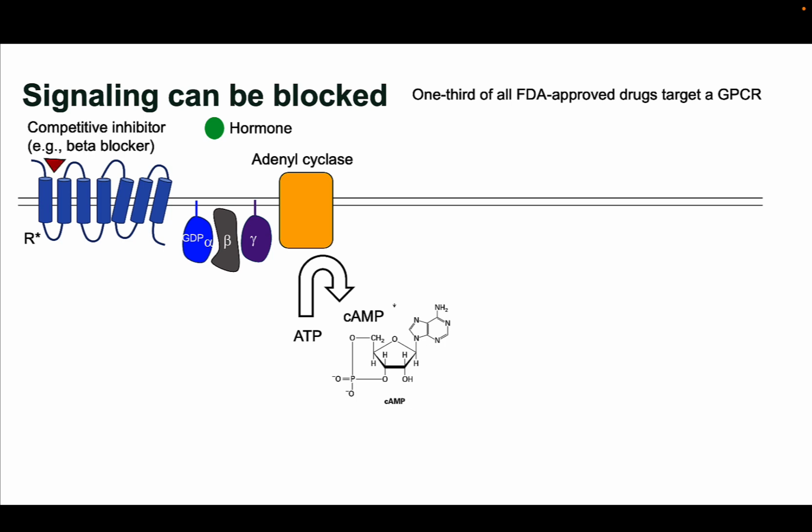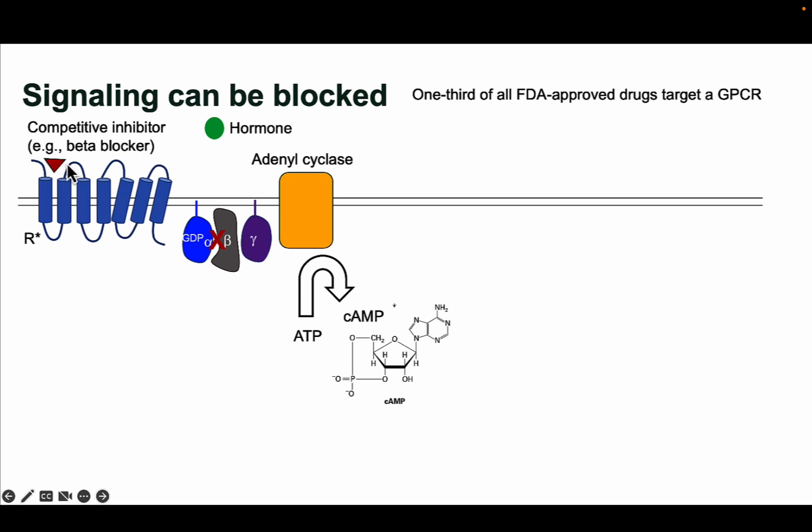And so, for example, we can add a competitive inhibitor. So in the case of epinephrine, we can add a beta blocker. So recall that competitive inhibitors bind within the active site of the protein. So they bind where the hormone would normally bind.